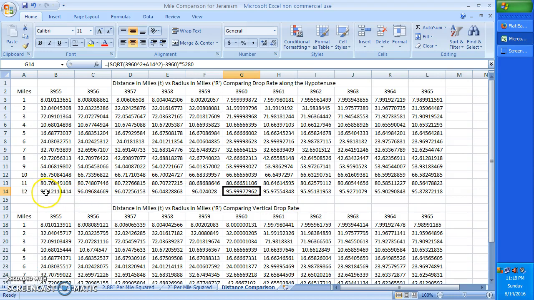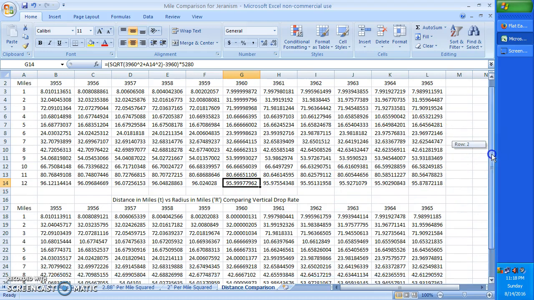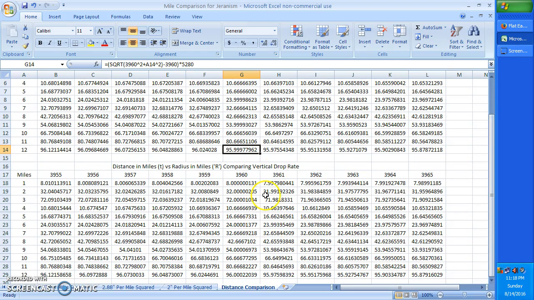Over 12 miles, there's only a difference of between 96.12 feet and 95.878 feet. A very minimal difference. And this is measuring along the hypotenuse. Now, measuring along the vertical drop, our measures of 96.121 feet and 95.879 feet are very close, and the differences are negligible.